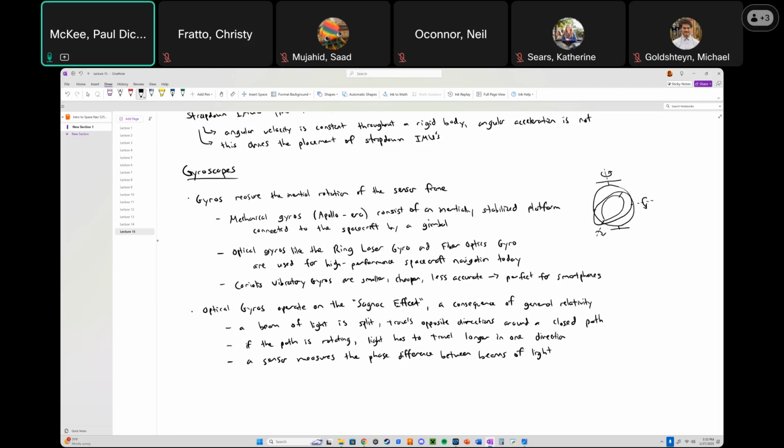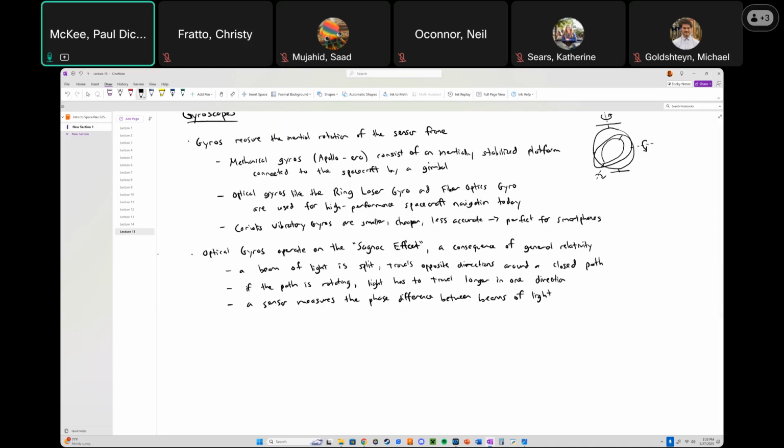But then if you were to rotate in that plane, the light would have a longer track along one direction than the other. And you'd actually be able to measure this as a phase difference between the light that arrives at the sensor. And this would give us the rotation along one axis. So this would give you a component of your rotation. You would need 3 of these optical gyros to get the full 3D rotation, if that makes sense.